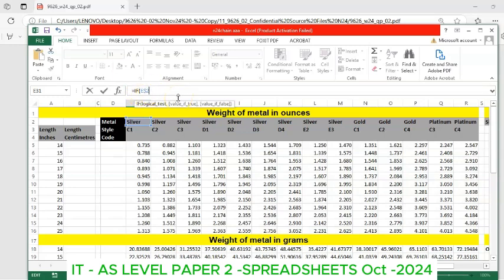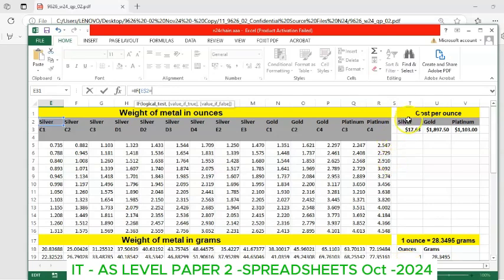So I'm saying if this value that is there is equal to this, so what is in this row, if it's equal to this value, then it means, but before I put the value, I'm going to make this absolute again. So this one is to be constant.